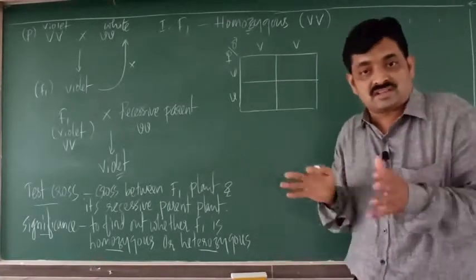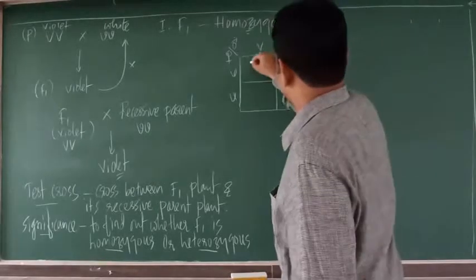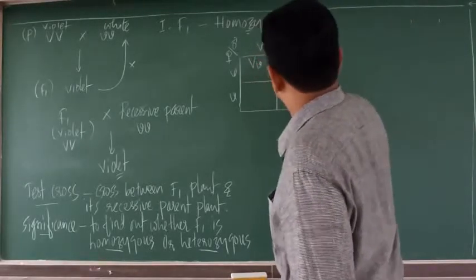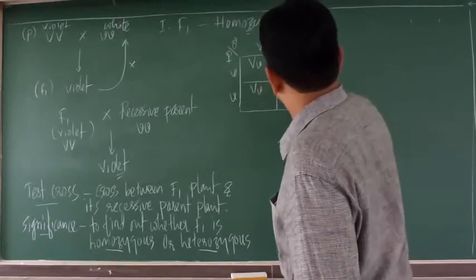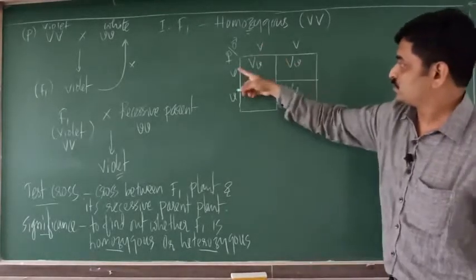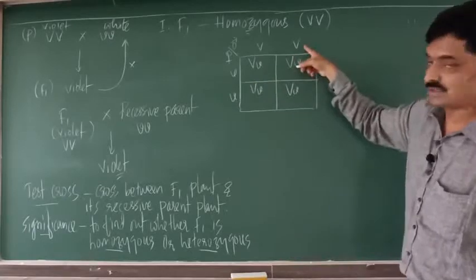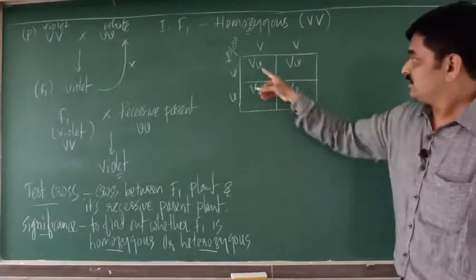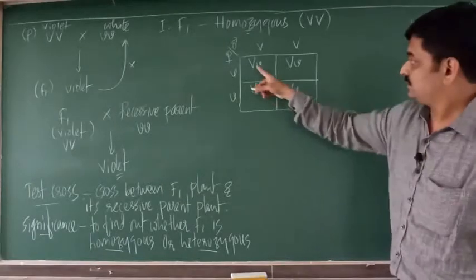Now we shall fuse these gametes to obtain the new generation. So here capital V, small v, capital V, small v, capital V, small v, capital V and small v. Right? This is fused with this, this is fused with this. So you get this.